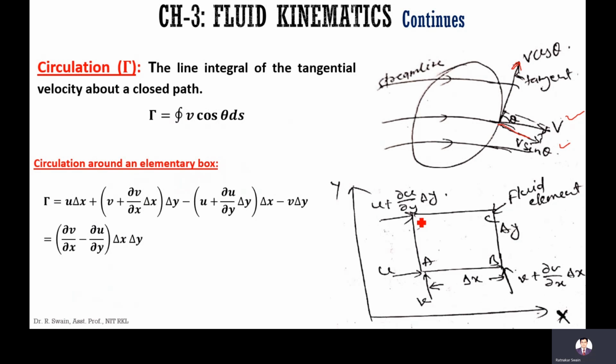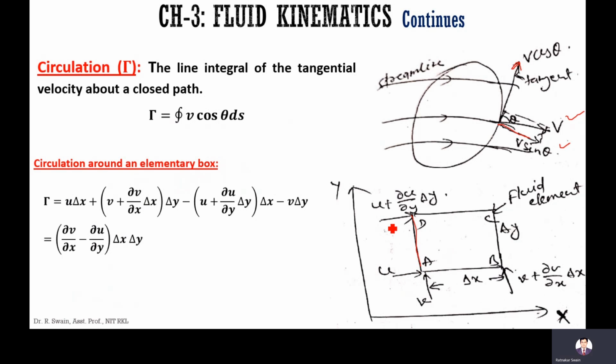If you consider this grid box of delta x and delta y length in the x and y directions, the velocity in the x direction is u, and in the y direction it is v. The fluid is in rotational motion.